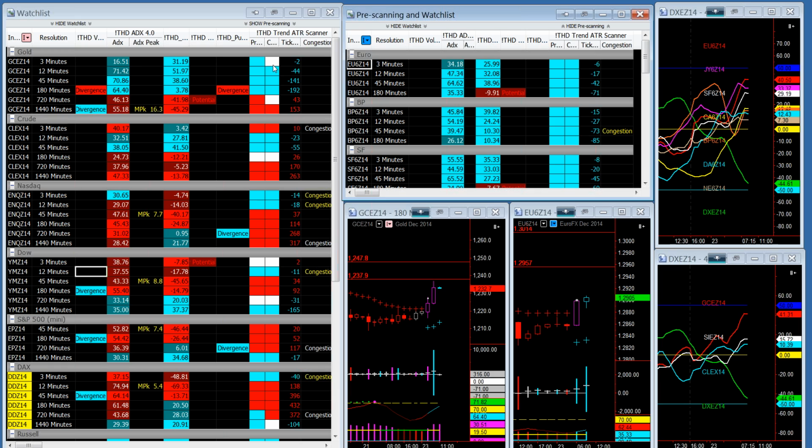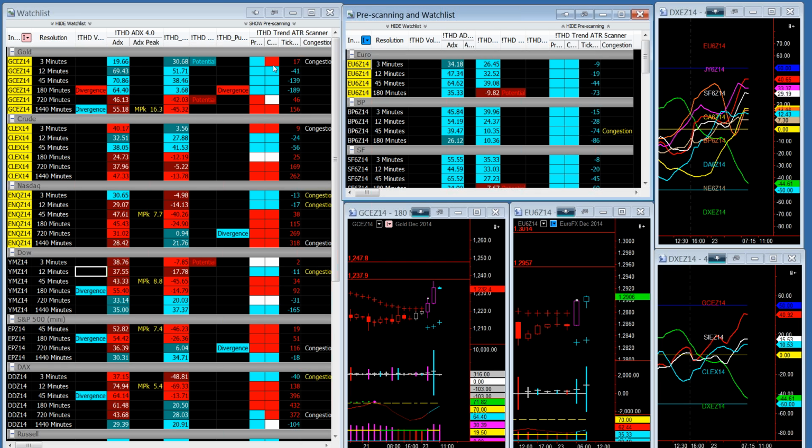So very easily I could tell you right now the 3 minutes is 2 ticks away from the ATR. The ATR has now flipped because the ticks to ATR is in red and the current bar is also red. Does everybody understand that?